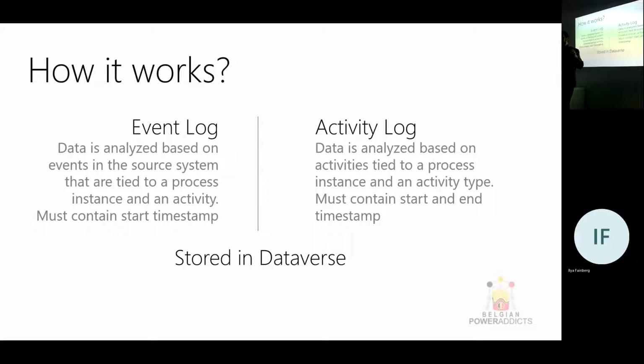An activity log is the same thing, but you have another data point: you have a start date and an end date, and that potentially gives you more accurate information of when the activity started and when it ended. In the case of the event log, because we don't have an end date, we assume that the next activity is also the end of the previous one. Sometimes that is the case, sometimes it's not.